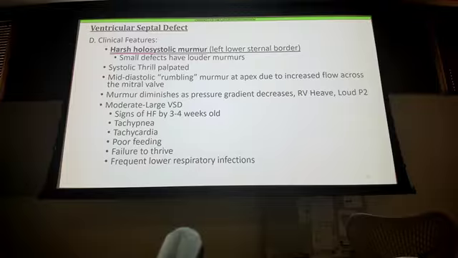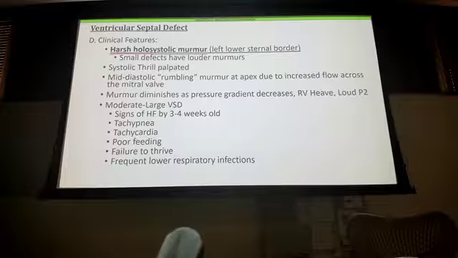The reason it's best heard at this site is that the flow of blood going from the left to the right is hitting the wall, adjacent or just inferior to the tricuspid valve. Okay? So that's why you hear this harsh holosystolic murmur better on that side compared to other auscultation sites. Okay.